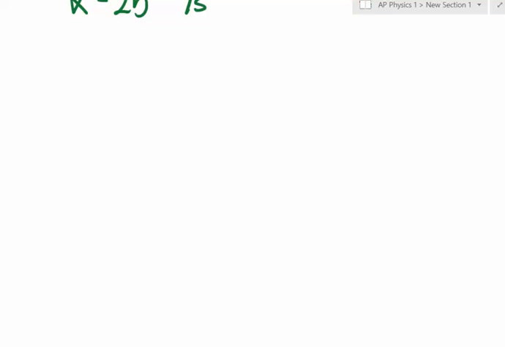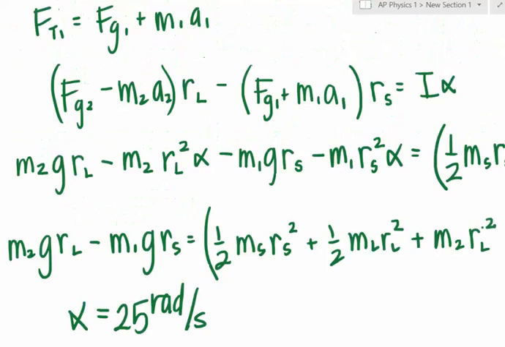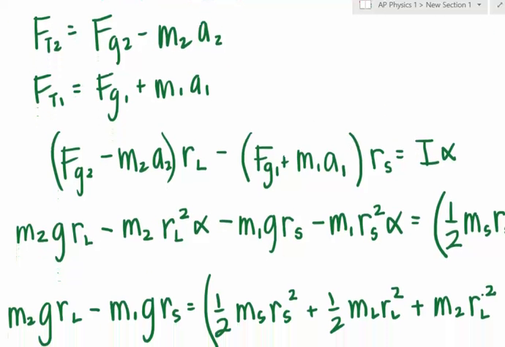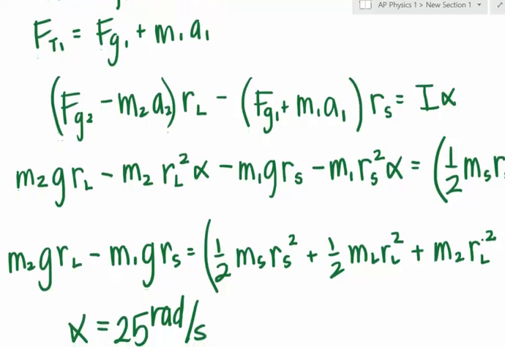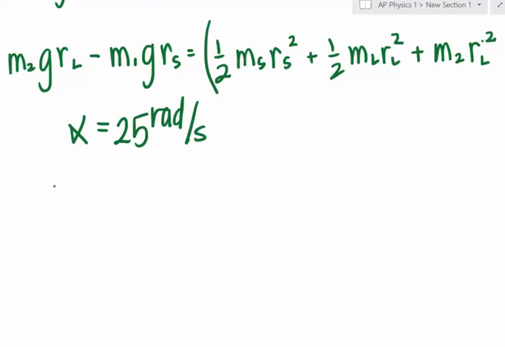And then after you find that, can you find the acceleration of each? A is equal to R large alpha. That would be A2. And A1 would be R small alpha.